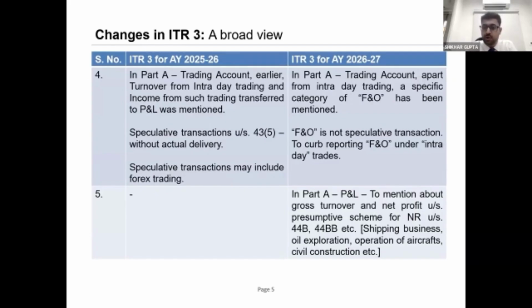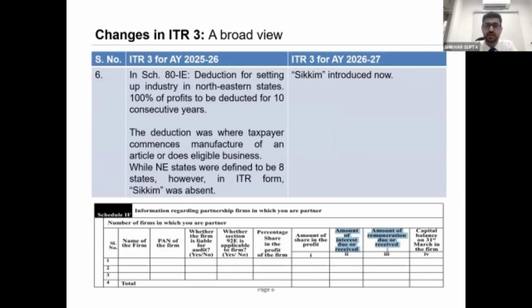Earlier, there was no field where you could mention the turnover from this kind of business specifically. Now, a gross turnover field has been opened in ITR 3 for 26-27. It's a small change.